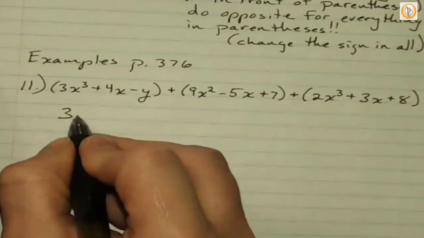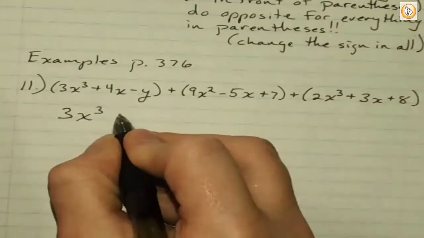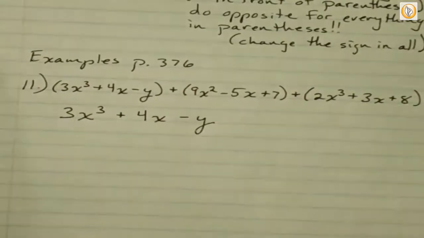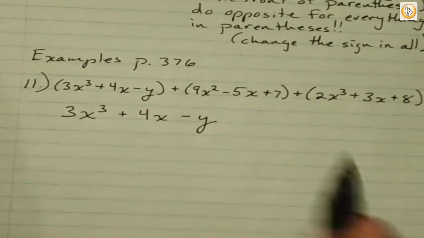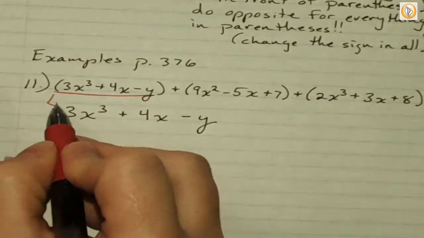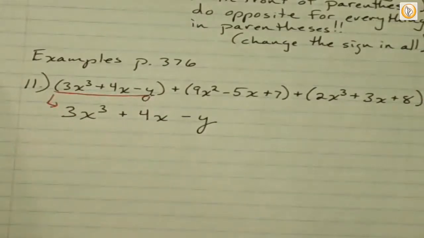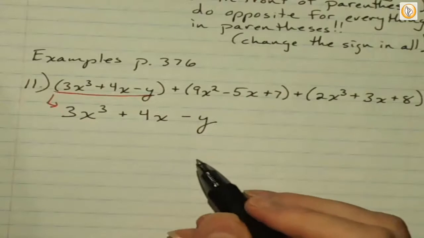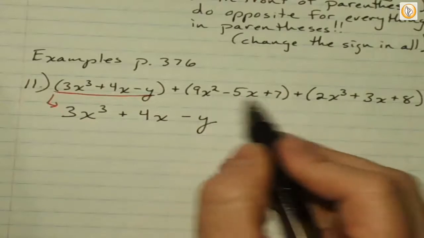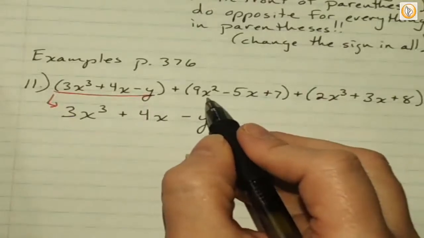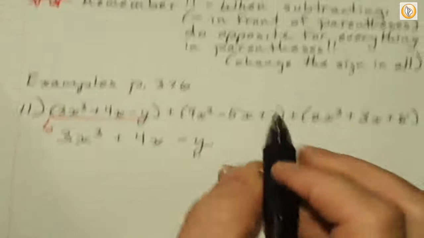But guys, I'm going to have some space. So make sure you space it out. There we go. So I rewrote this first polynomial. Okay? Everyone understand what I just did? Emily, any questions? Olivia, you good? Okay. Now I'm going to look at the second one. Michael, I have 9x squared.